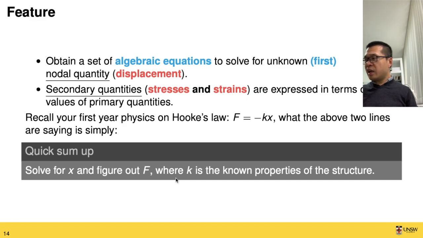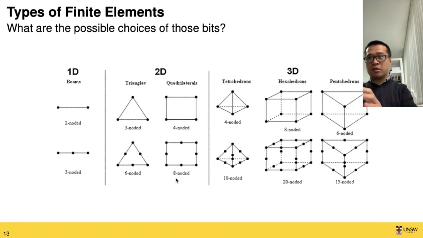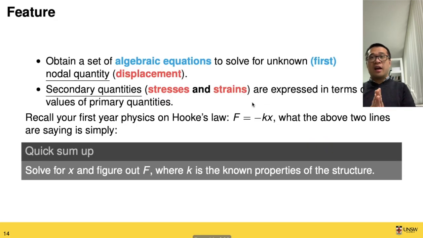Now, once you have these finite elements being set up, I draw all the nodes, I draw all these shapes, and I decide I put X amount of nodes on these elements. I need to solve for the features involved, right?